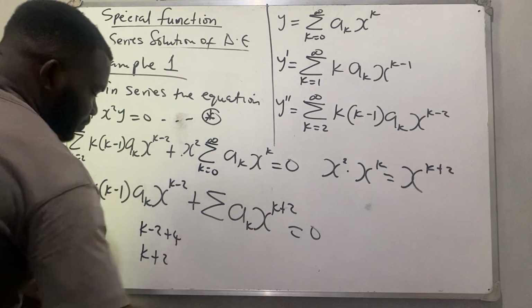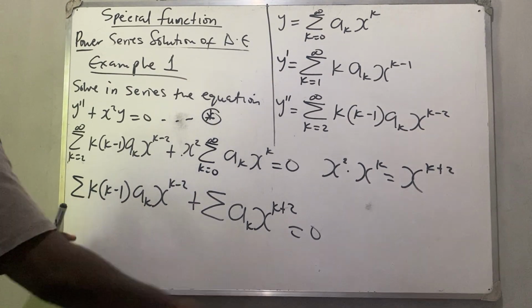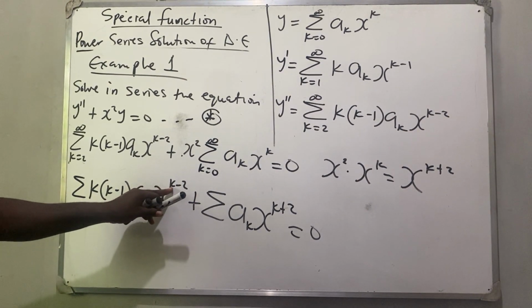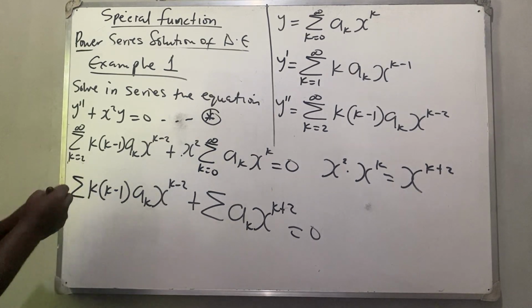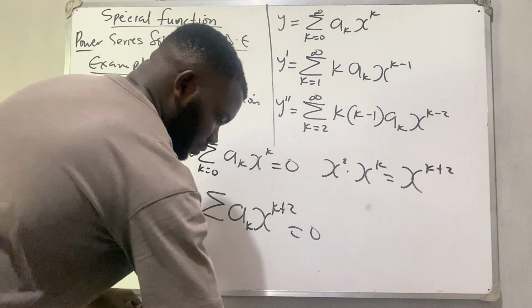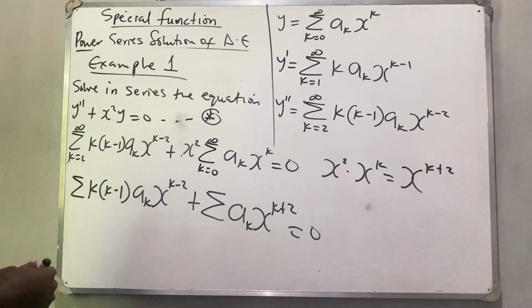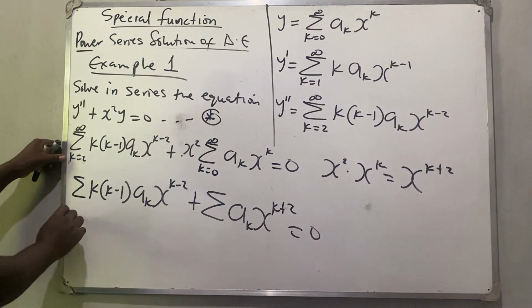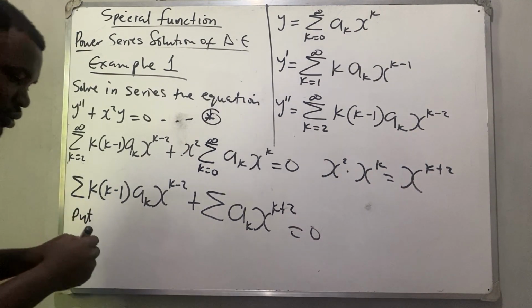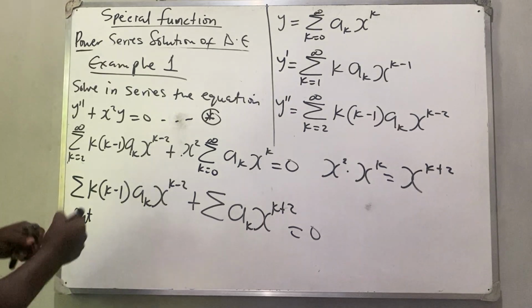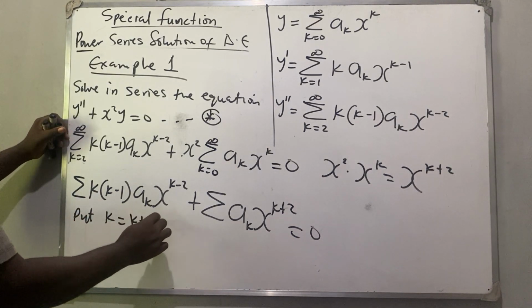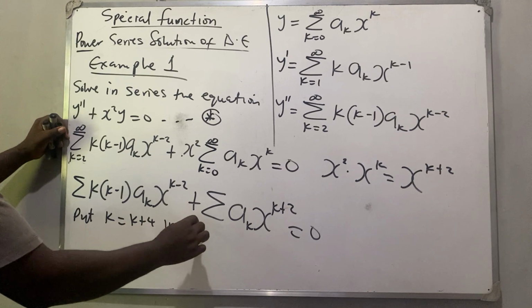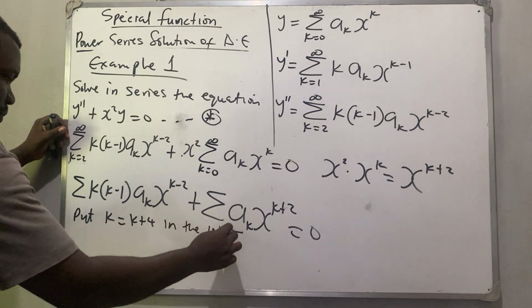So for us to do it, we'll say that anywhere we see k, we'll replace it with k plus 4. So we put k to be equal to k plus 4 in the first summation.